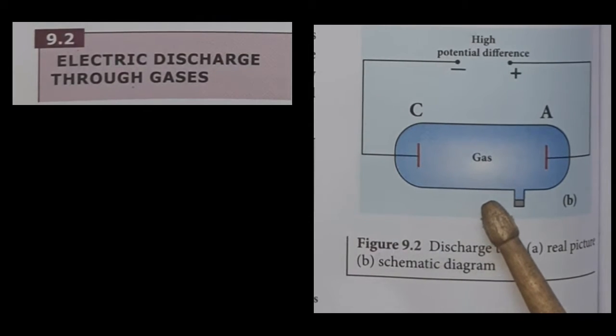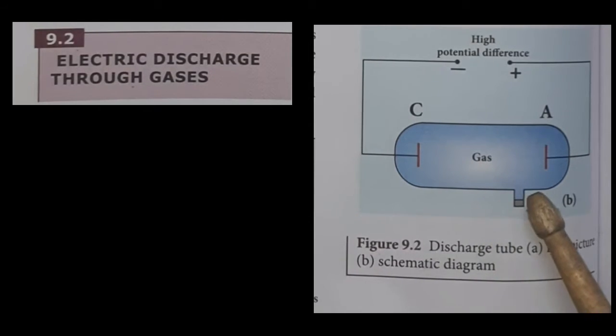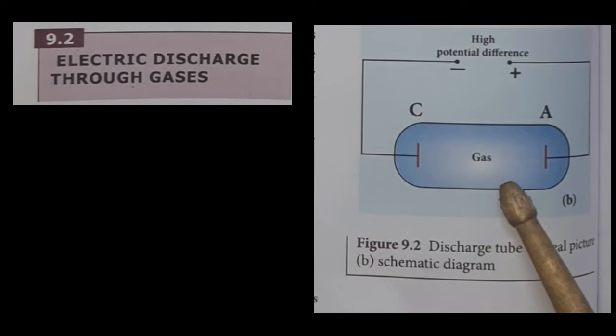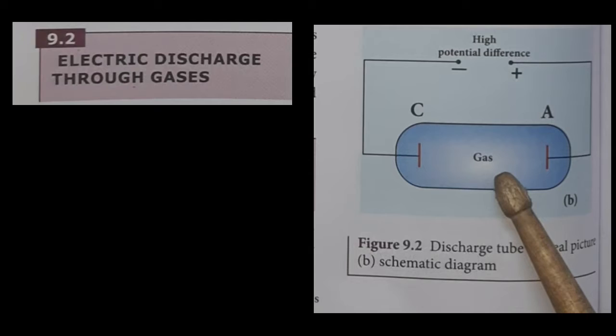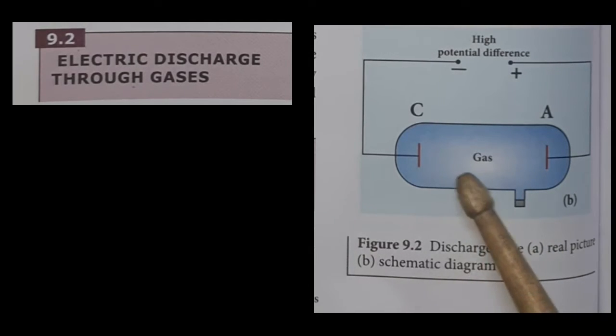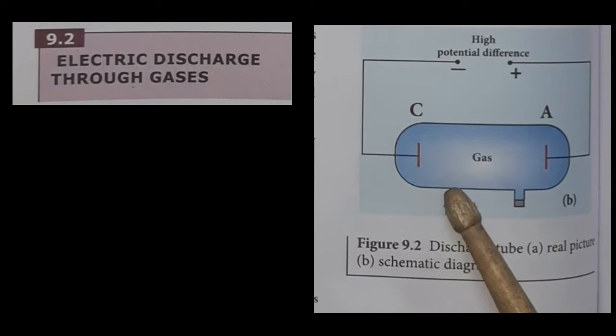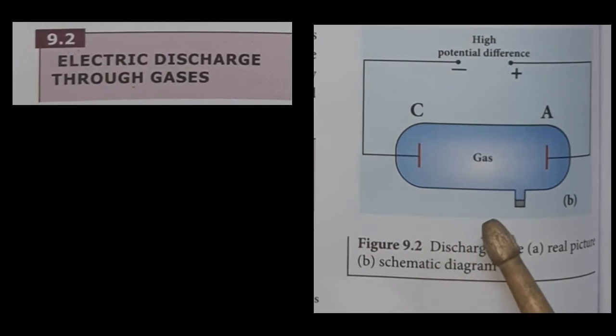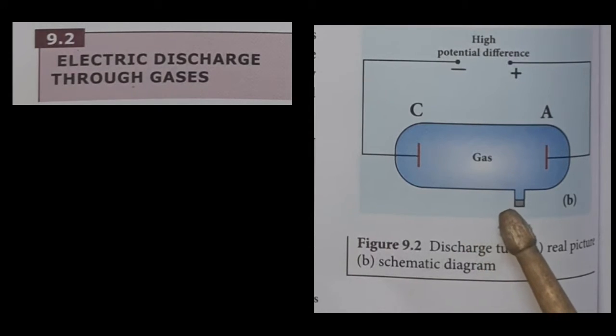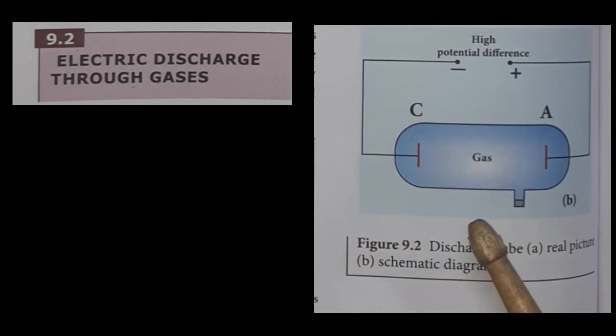When the pressure is kept near 100 millimeters of mercury, discharge of electricity through the tube takes place. Consequently, irregular streaks of light appear and a creaking sound is also produced.